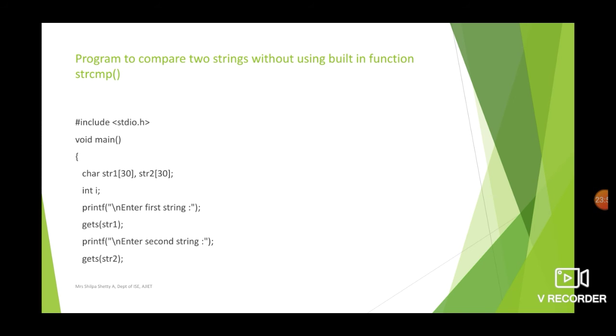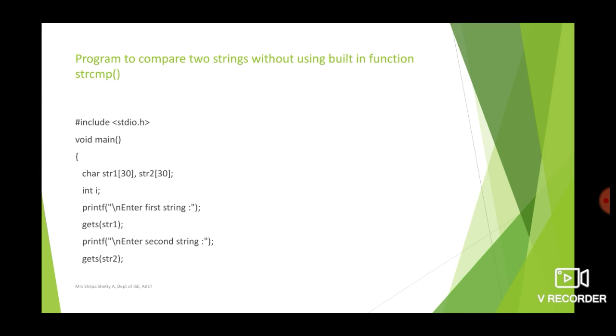So the next program is again to compare the strings, but without using the built-in function strcmp. Here what we do is we compare the first string character by character with the second string. Whenever the characters match, we switch to the next character. So we will just go on comparing the characters till the characters are equal.